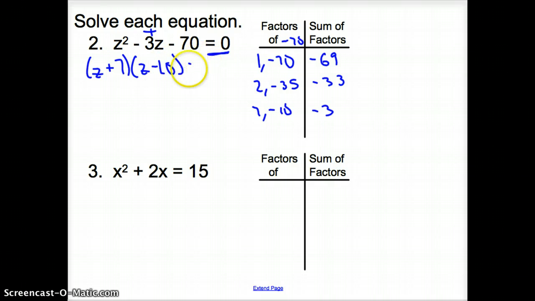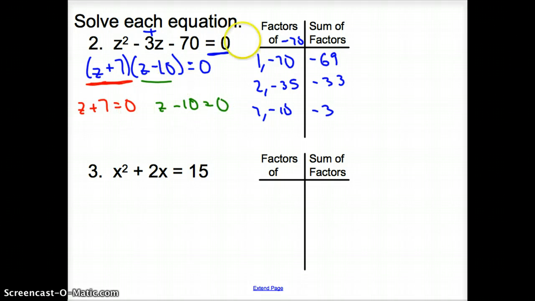And now, though, here's where it changes just a touch. It equals 0. And now remember from a couple lessons ago where we have this zero product property. So now we have z plus 7 equals 0. And we also have z minus 10 equals 0.